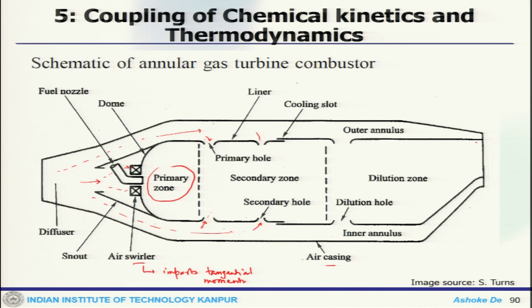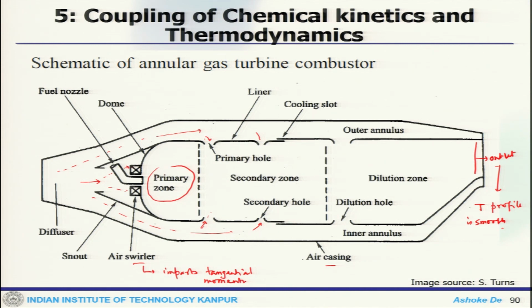So, at the end of this, at the outlet, the expectation is that the temperature profile at the outlet should be smooth enough. That is the whole idea, and to get that we do a lot of dilution, primary and secondary injections.